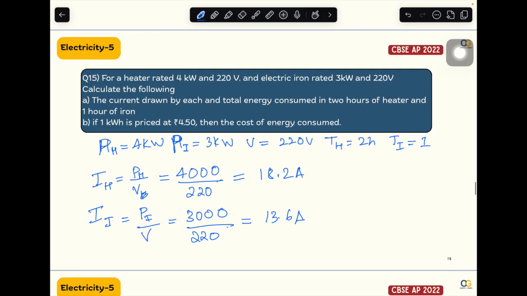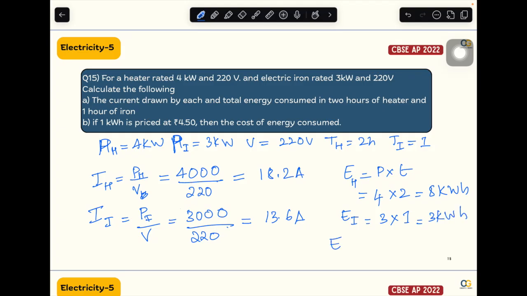Now let us see what is the total energy consumed. Energy is nothing but power into time. We know that the heater is used for 4 kilowatt into 2 hours, so that is 8 kilowatt hour, and this is for the heater. Next coming to the iron, that is 3 kilowatt for 1 hour, so that is 3 kilowatt hour.